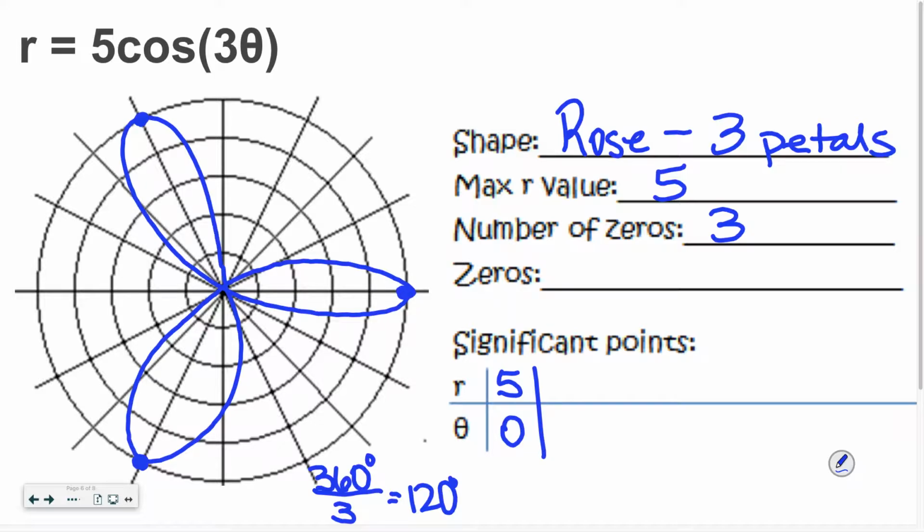Okay, now you told me we went through the pole 3 times, which is why I wrote we have 3 zeros. Now we have to actually find the zeros.